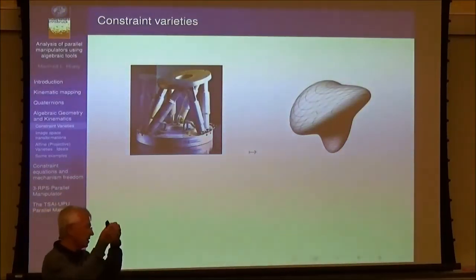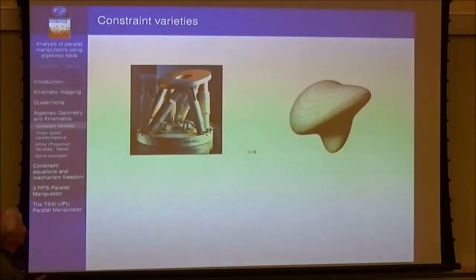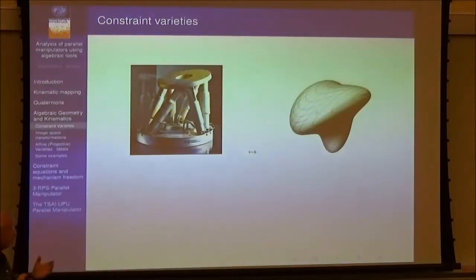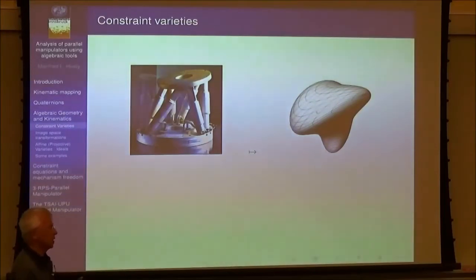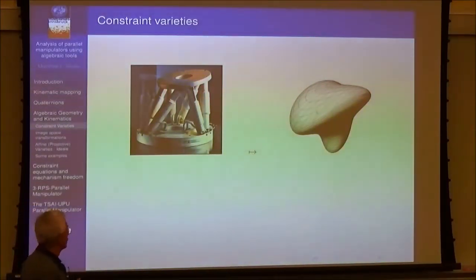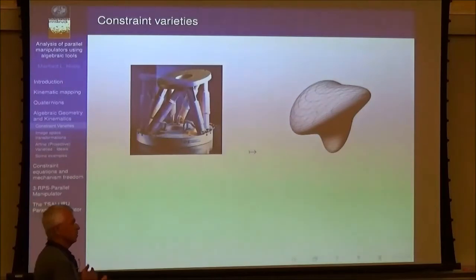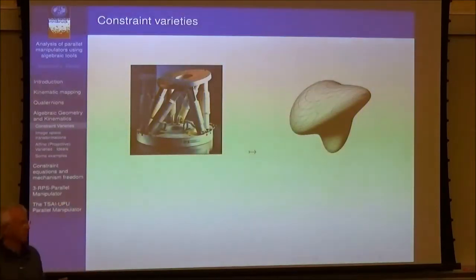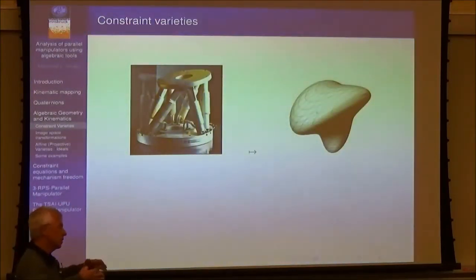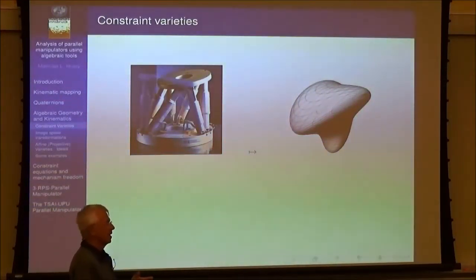So when you have 6 single constraints, each constraint is constraining 1 degree of freedom, so 6 of them will constrain the whole mechanism. So this is the basic idea. So freedom and constraints are reciprocal. It means 1 degree of freedom should have, in 3-dimensional space, 5 constraints.